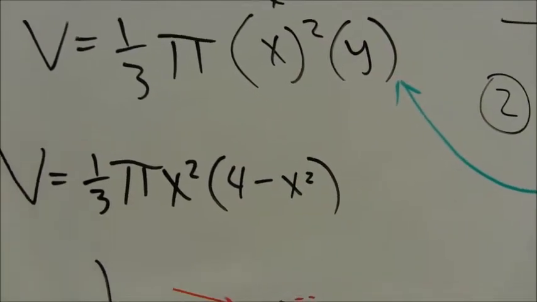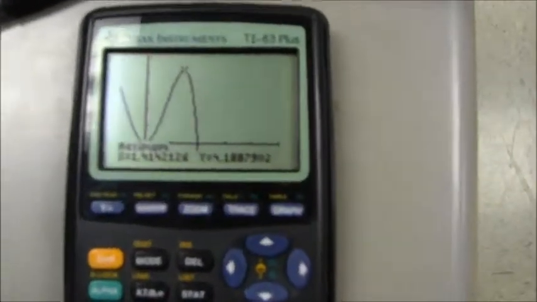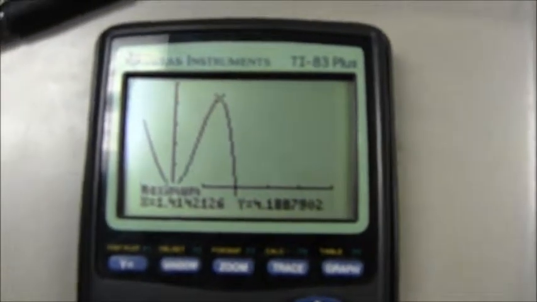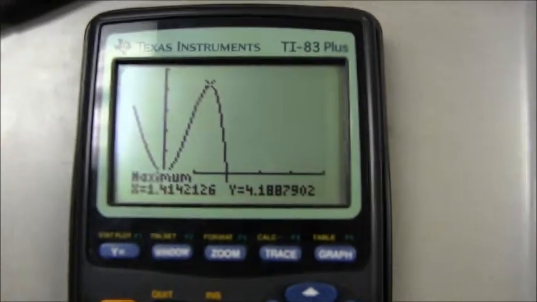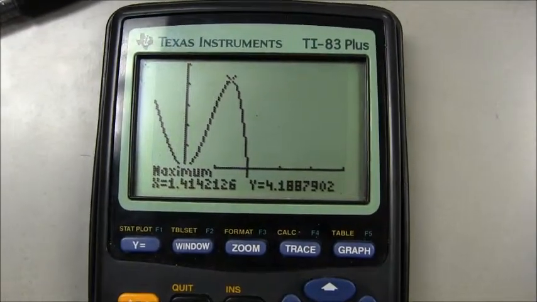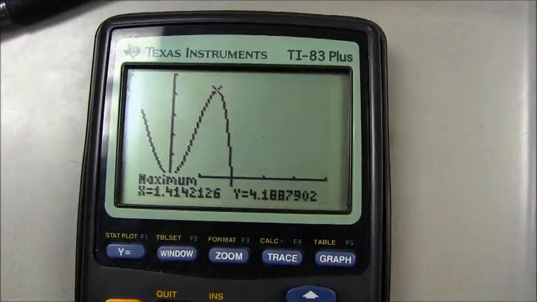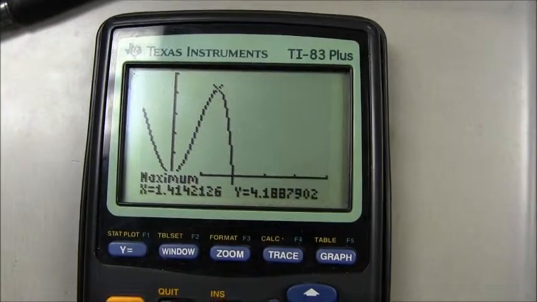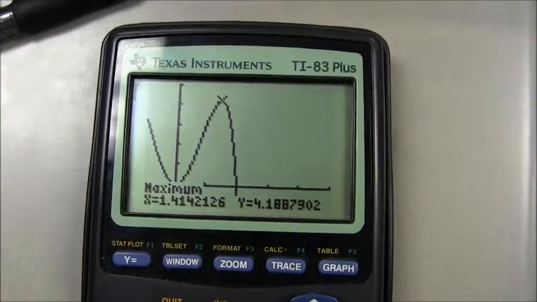So the volume here is approximately, to go back to the book here, volume is approximately 4.188. And by the way, this is more easily found using calculus, but that x value there, that's actually radical 2. So if you substituted radical 2 back into the function, you could get the exact answer. But that's the solution to this max min problem and how to estimate it on a graphing calculator.